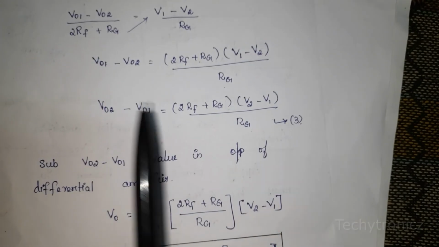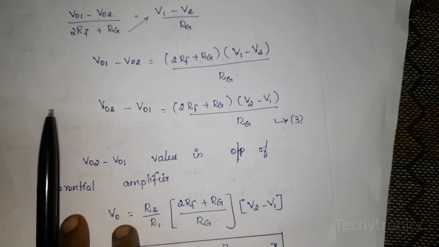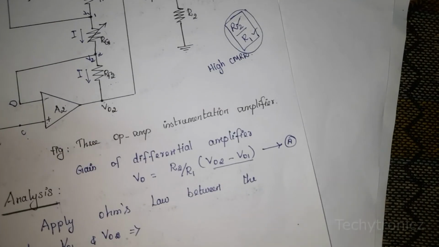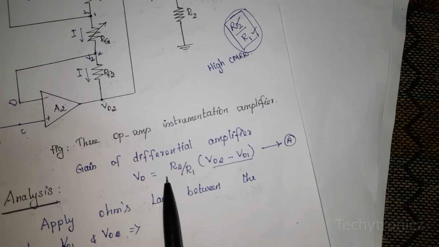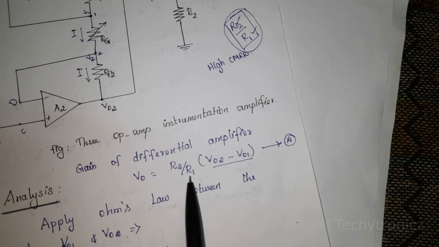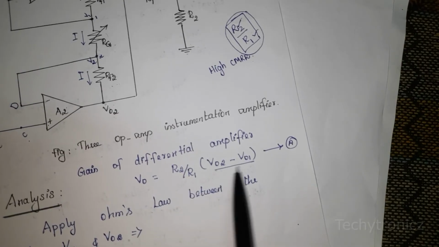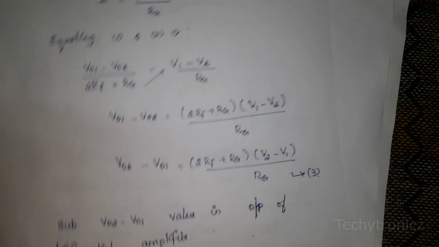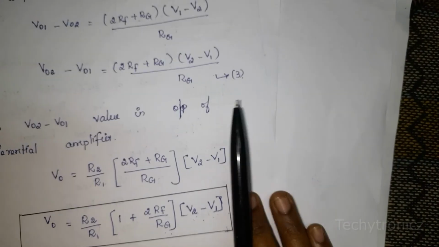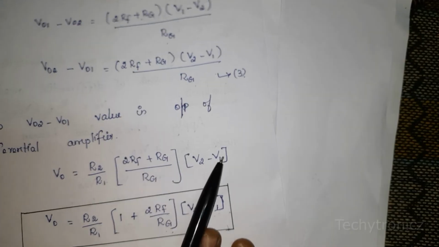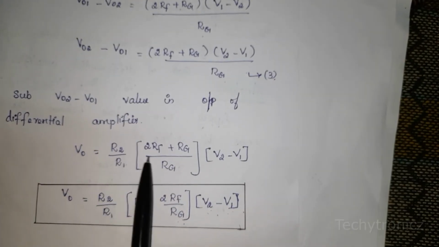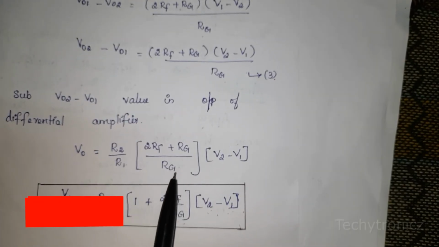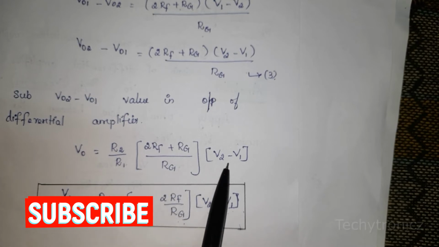Now substitute this V02 minus V01 in the second stage output voltage of the differential amplifier, that is V0 is equal to R2 divided by R1 into V02 minus V01. Substituting here, we get V0 is equal to R2 by R1 into 2 RF plus RG divided by RG into V2 minus V1.